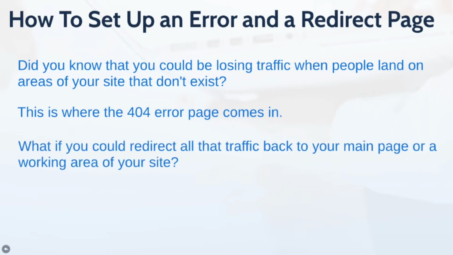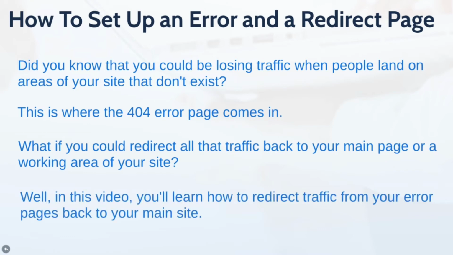So what if you could redirect all that traffic back to either the main page or a working area of your website? Well, that's what you can do, and in this video, we're going to show you how to create that 404 error page. And we'll talk about the other types of error pages as well.